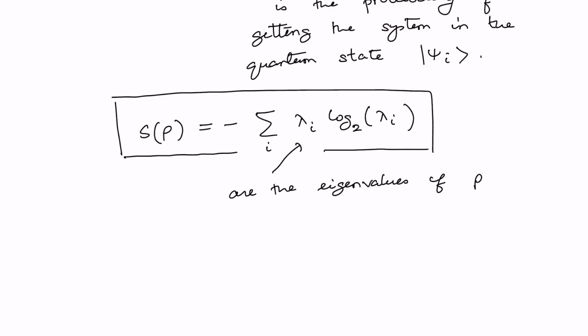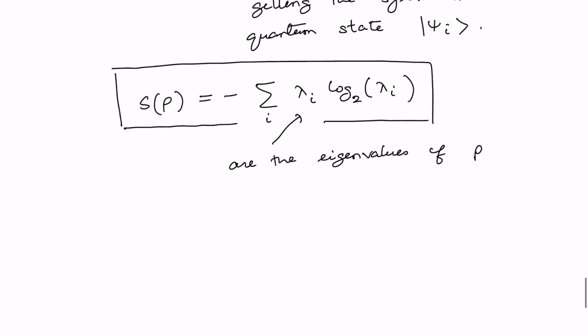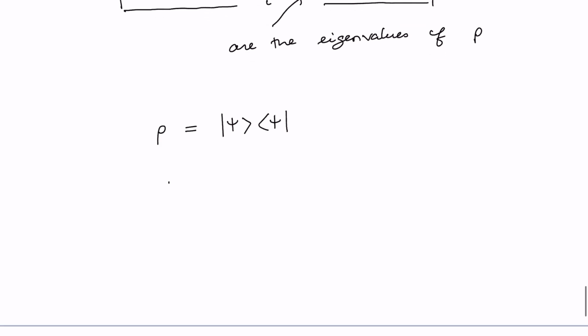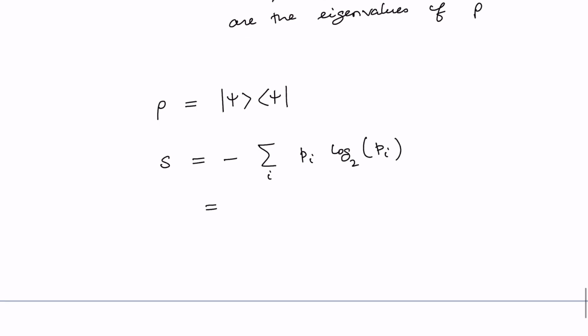Now before I proceed further, let me consider some examples. Suppose we have a pure quantum state. If we have a pure quantum state, I can represent it by a state vector |psi>. That means this is what I have, and the corresponding classical probability, as you know, is 1. So as per this formula for entropy, I have p_i logarithm of p_i with base 2. Because we have just one system, it's a pure state, so the classical probability is 1.